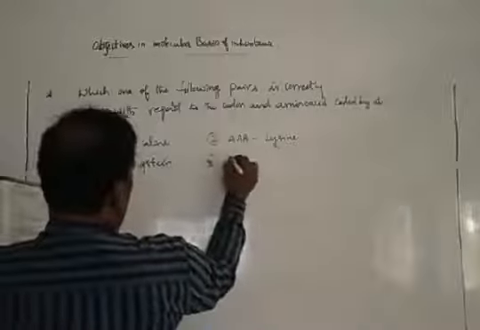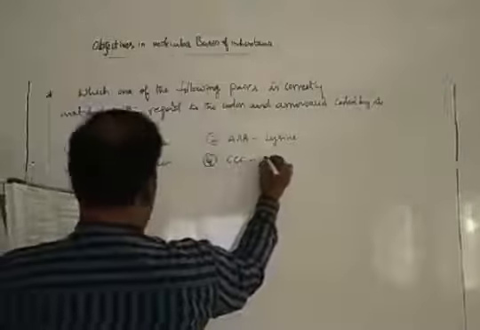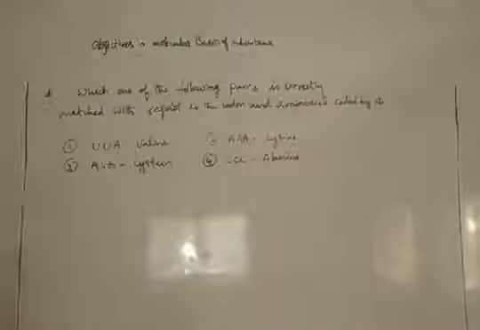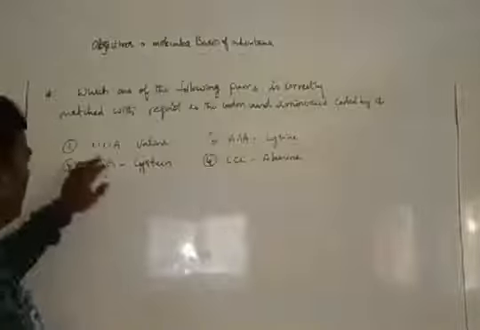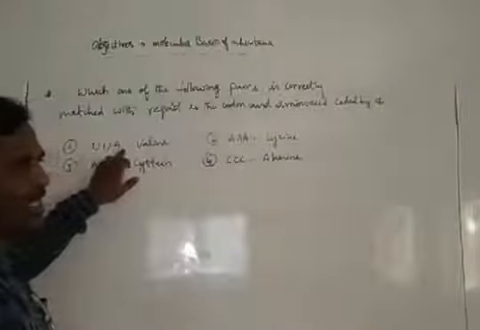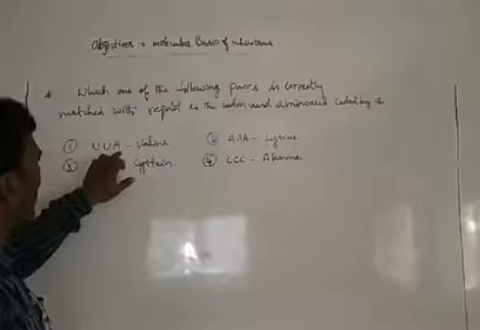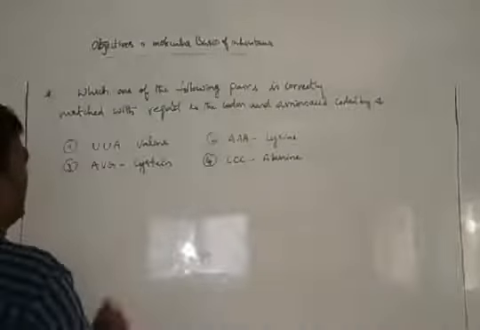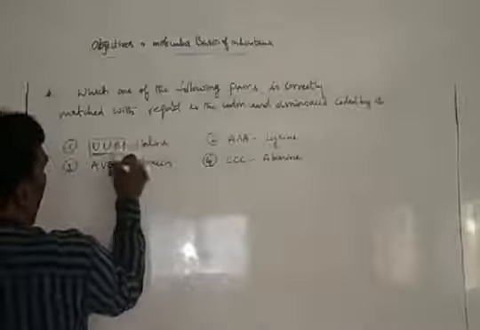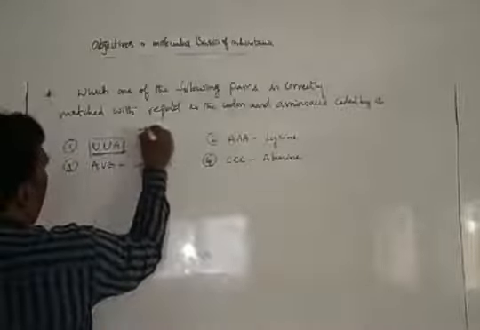Fourth option, CCC is alanine. So UUA valine? UUA is actually a codon that translates leucine.